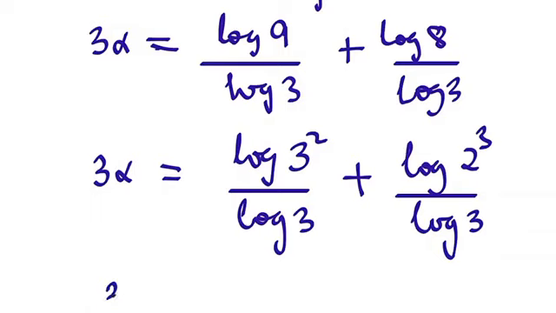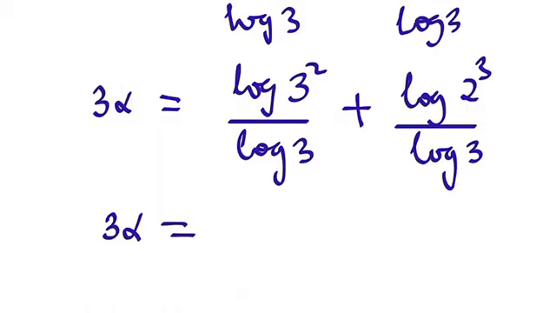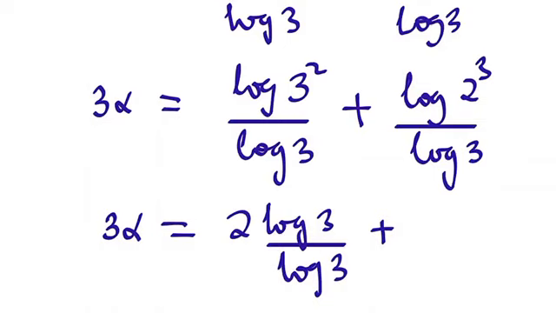Right, so we move on. We have 3 alpha equals. According to a particular law we used the other time, these two powers, we multiply the log 3. So we're going to have 2 log 3 divided by log 3, then plus. The same thing will happen to this 3 here.